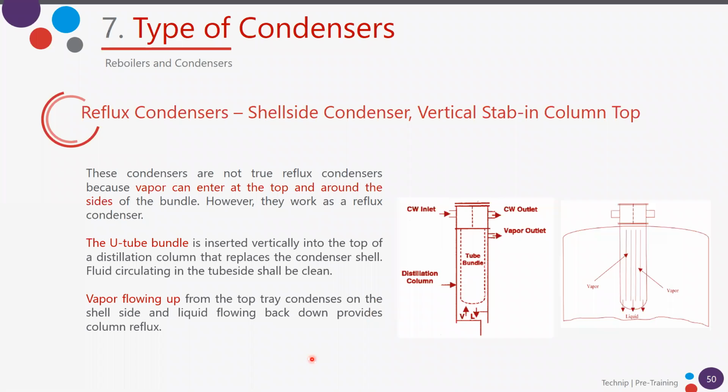Vapor flowing up from the top tray condenses on the shell side, and liquid flowing back down provides column reflux. Excess vapor exits via the vapor vent nozzle located below the tube sheet.